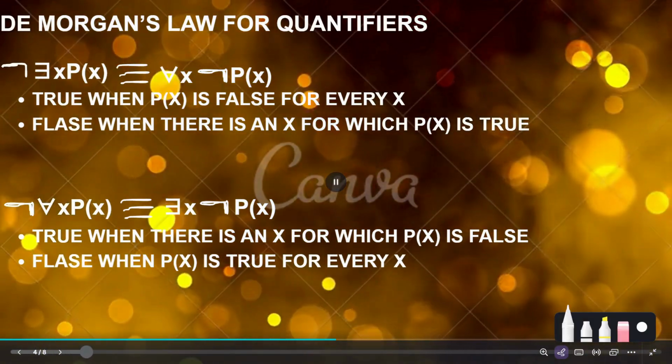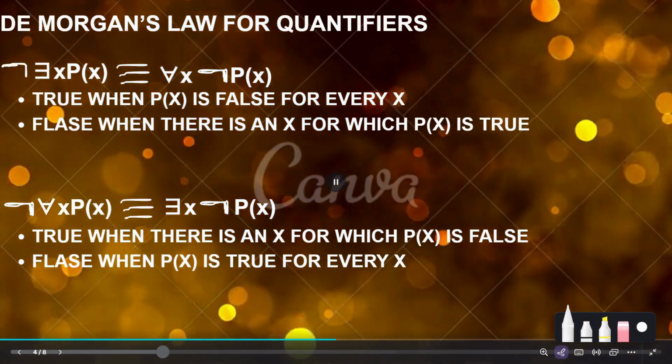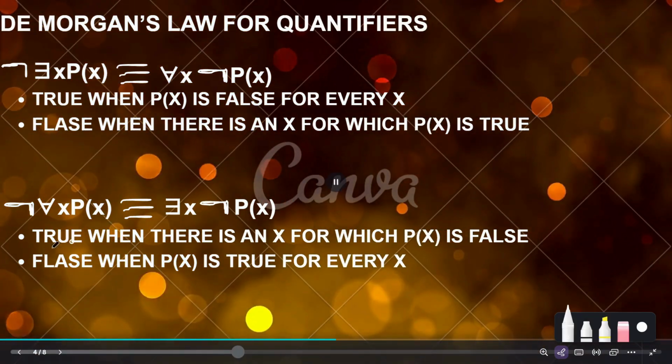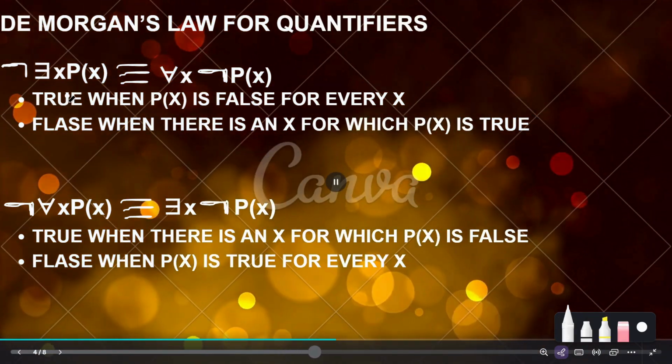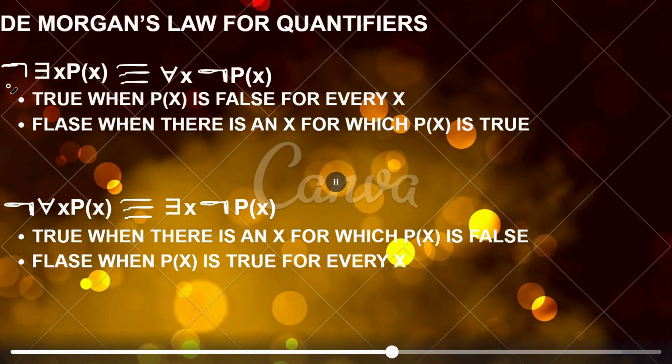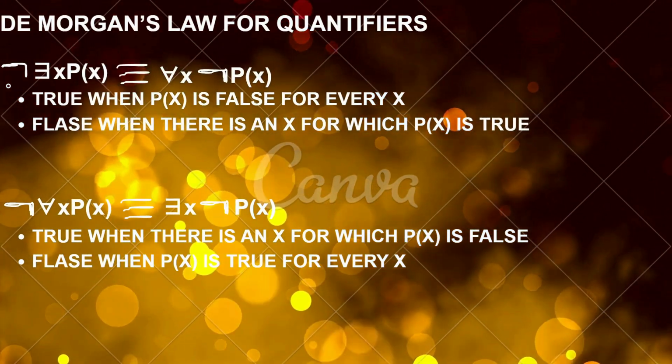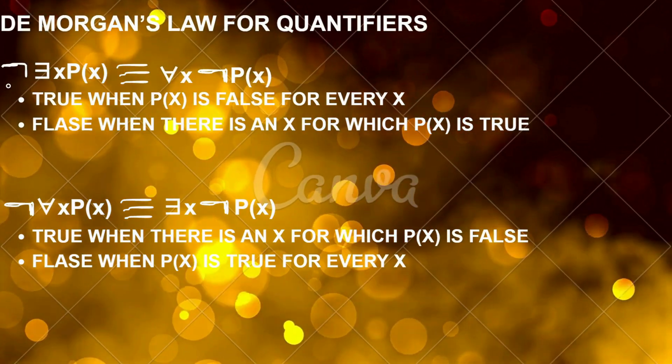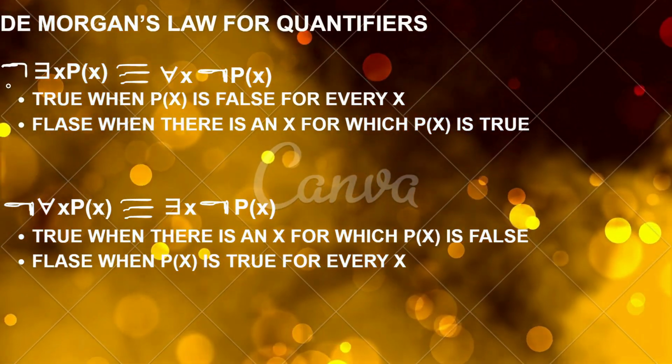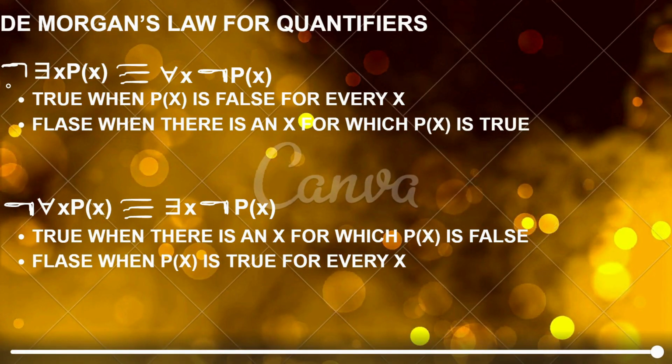The next one, De Morgan's laws for quantifiers. This is for the negated quantifier. The first one is true when P(x) is false for every x, and false when there is an x for which P(x) is true. This is for the negated existential quantifier.